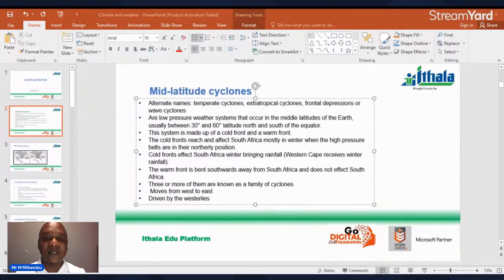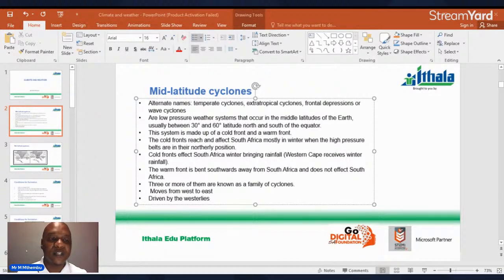So this is stage number 2, where they tell you that since warm air is lighter than cold air, the warm air will be driven up, which means it will rise. Remember, cold air is denser than warm air, so it will force this air here to be uplifted.